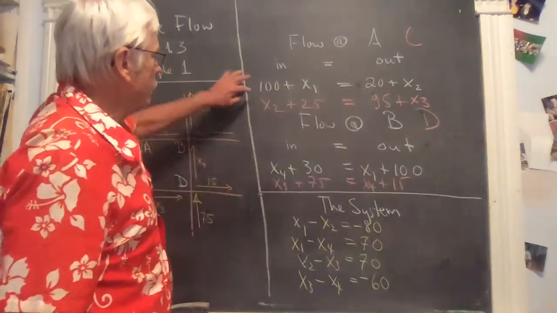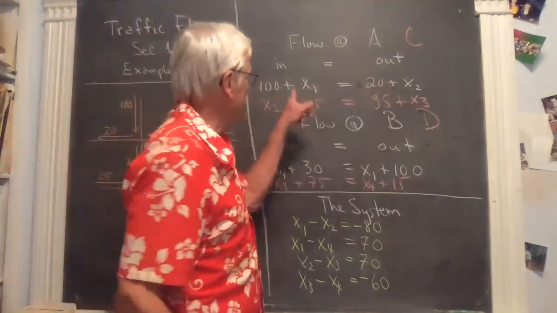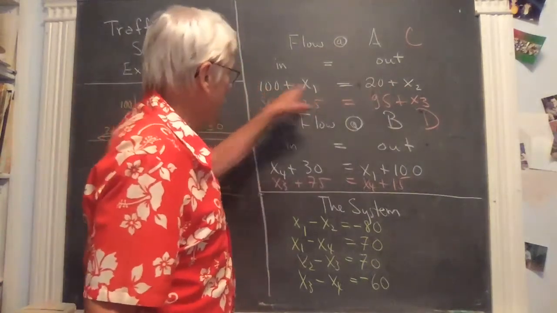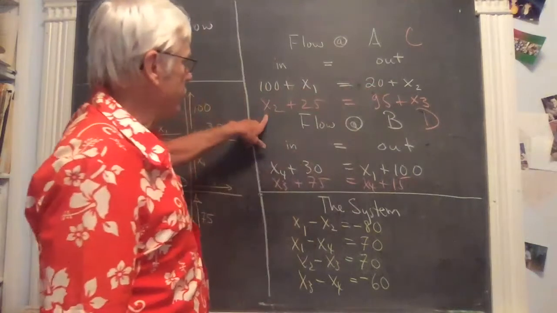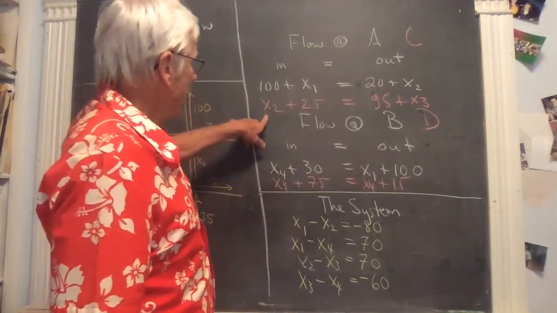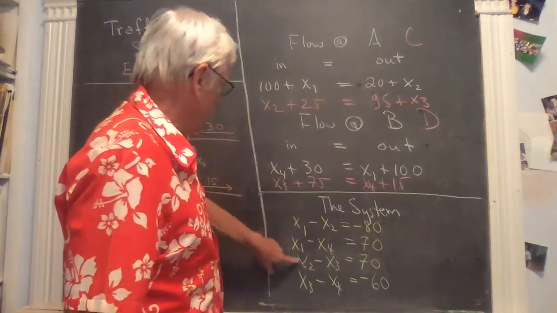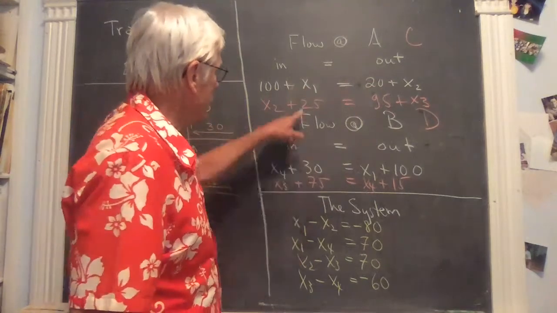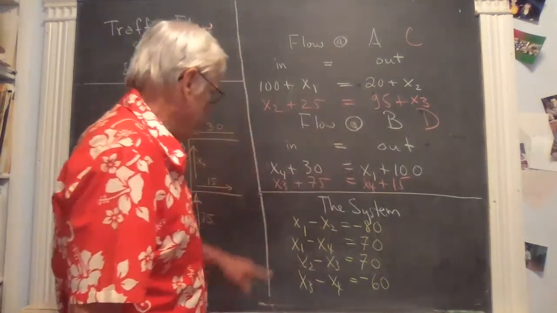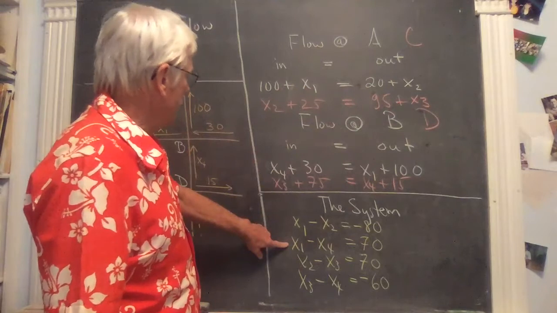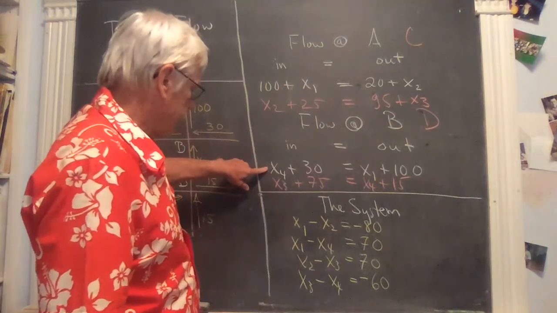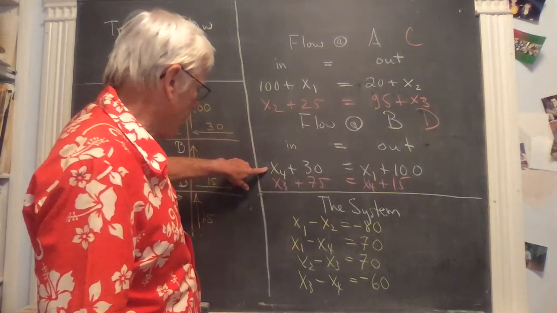Make sure I have those right. X1 minus X2 is minus 80, yes. And then from this one, X2 minus X3 is 70. On the third one, here we get X4 minus X1.